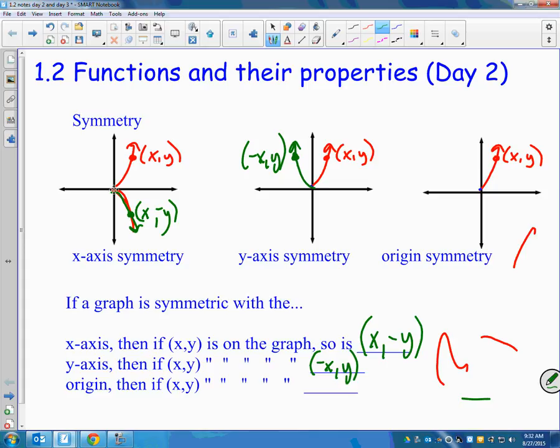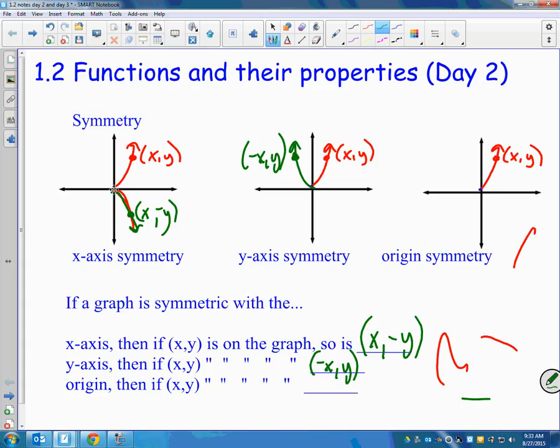So those are very good to visualize, I think. Origin symmetry is maybe a little bit harder to visualize, but it's like when it goes from quadrant 1 to quadrant 3. Someone described it last year as like doing it in both the x and the y-axis. Like if you thought about flipping it over the x-axis and then over the y-axis, that's origin symmetry. Or if you went y-axis and then x-axis, you're still going to end the same way.